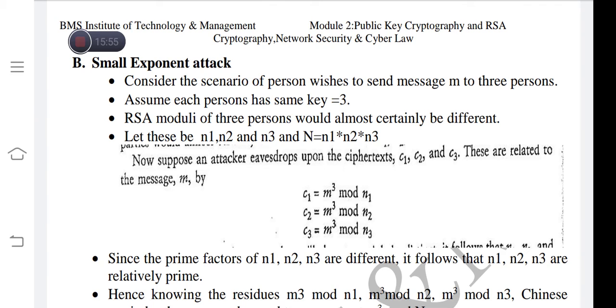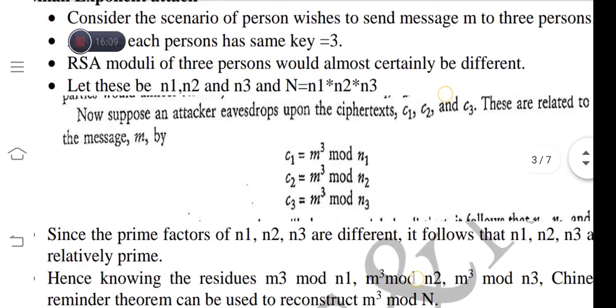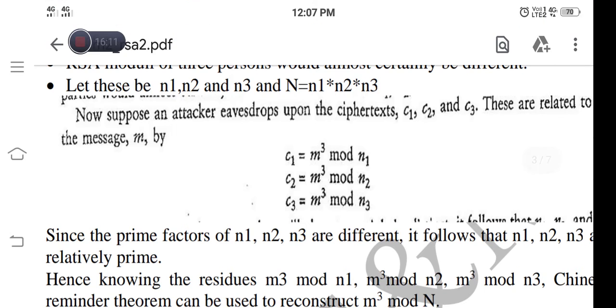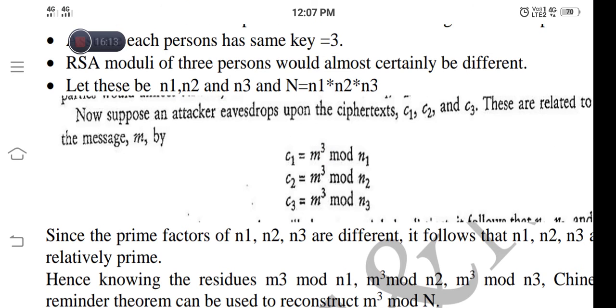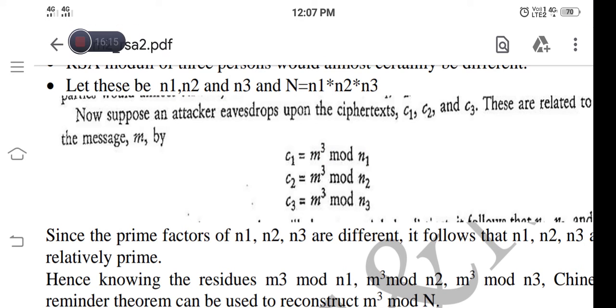Now I have the ciphertext C1 equals M cube mod N1, C2 equals M cube mod N2, and C3 equals M cube mod N3.